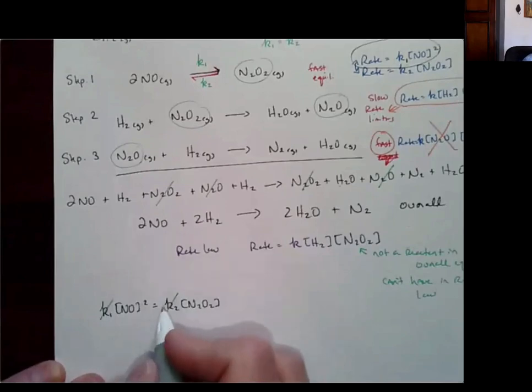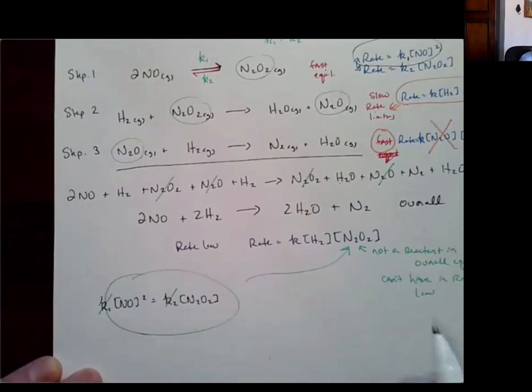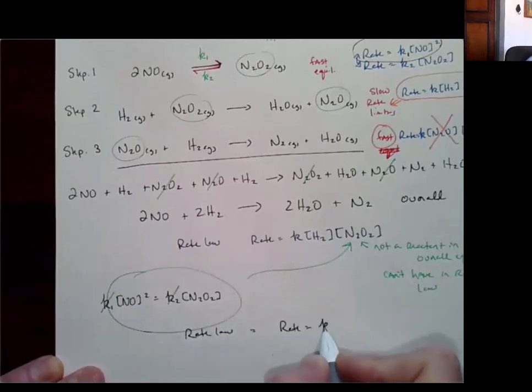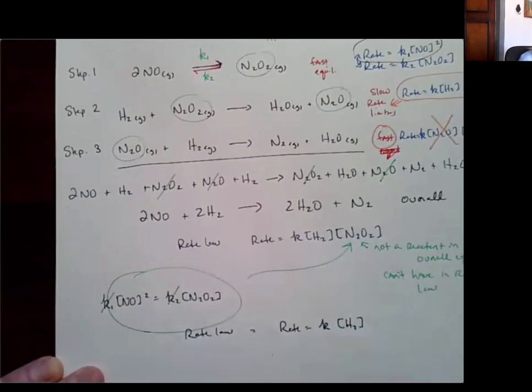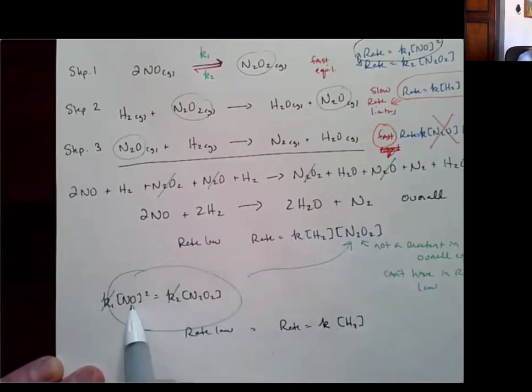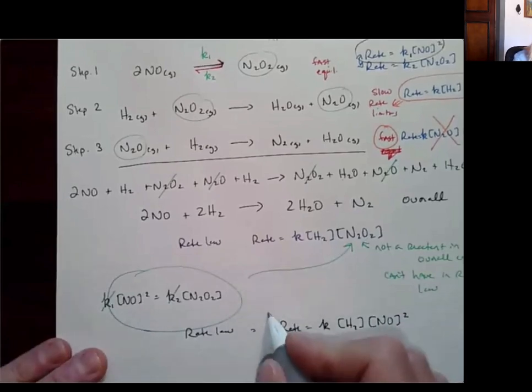So I can take this and substitute it in for my intermediate. That would give me my overall rate law equals k[H2], which I haven't messed with because that's the same. And now instead of N2O2, I'm going to substitute in [NO] to the second power. So this would be my overall rate law.